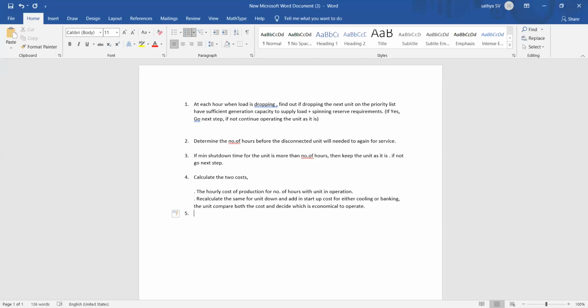Right, understand the procedure? If everything is done, we need to repeat the same procedure for the remaining, that is for the next unit on the priority list, and continue for each unit.